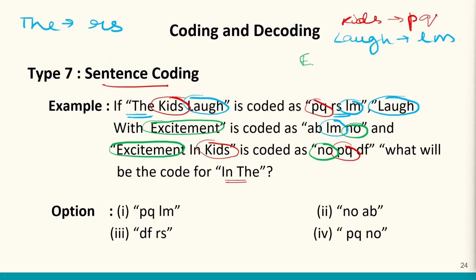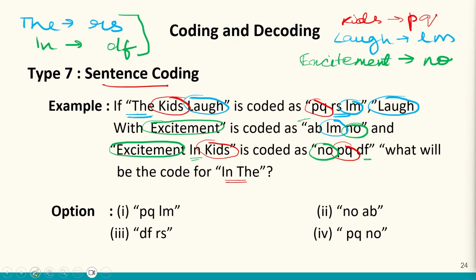So I can say that excitement is coded as NO. If excitement is coded as NO and kids is coded as PQ, the only remaining letters are DF. So I can say in is coded as DF. So we have successfully found out the code for "in the", which is RS and DF.